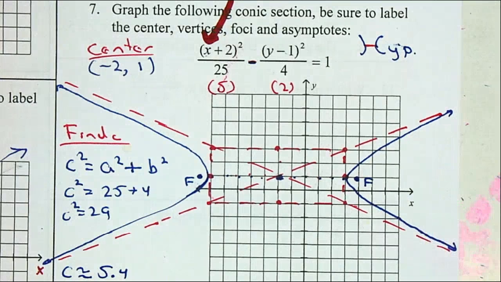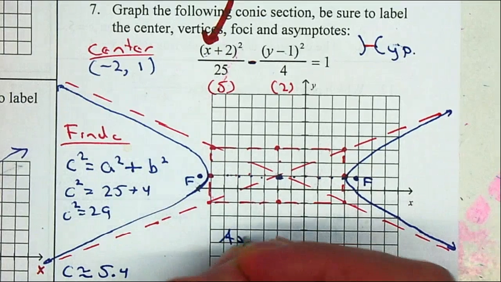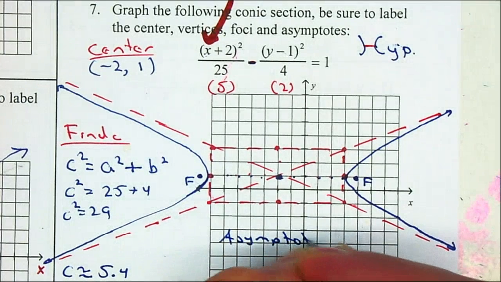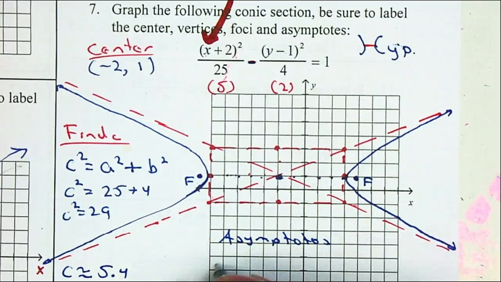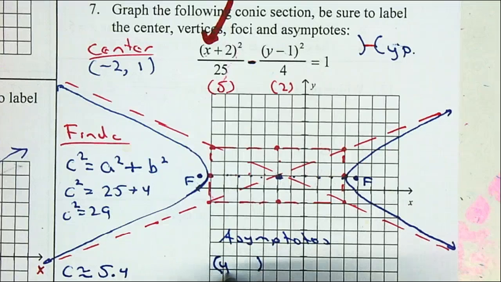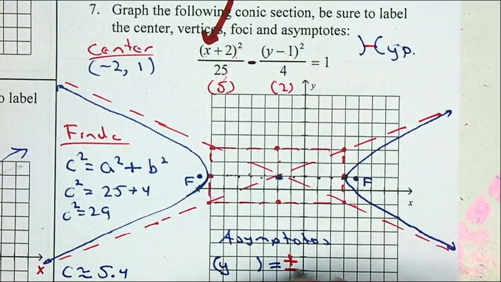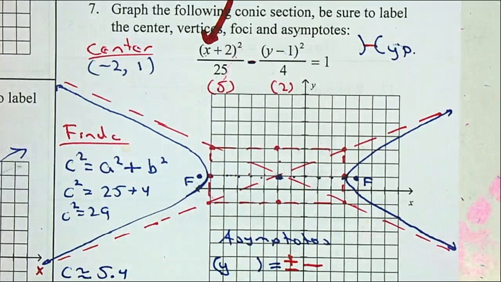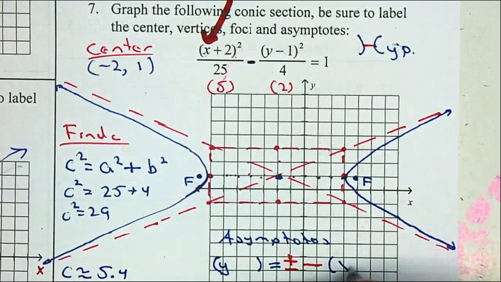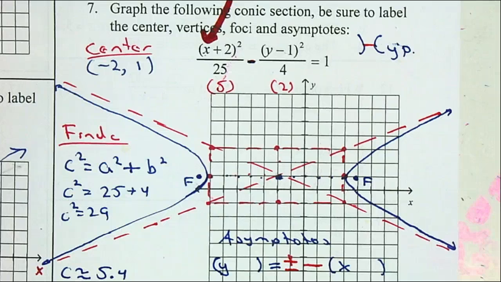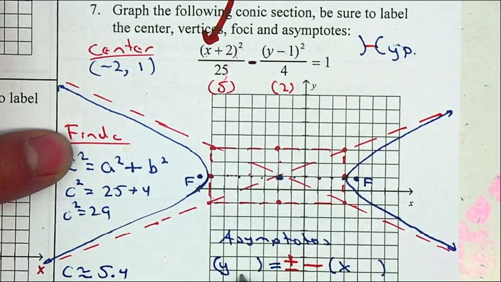We need to be able to find the asymptotes. So to find the equations of the asymptotes, we're going to use the point slope form, which is y minus k equal to plus or minus my slope, which will be a fraction, times x minus h.